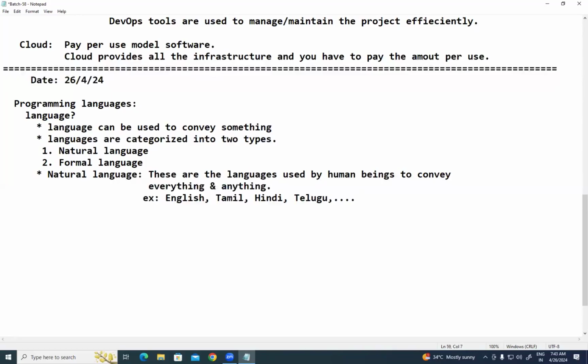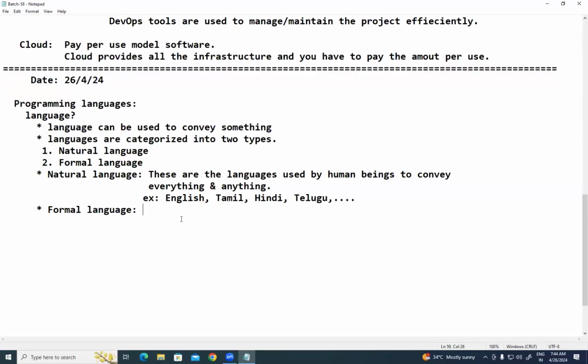Coming to the second category. What is the second category, folks? Formal language. Formal language is not for conveying everything and anything.